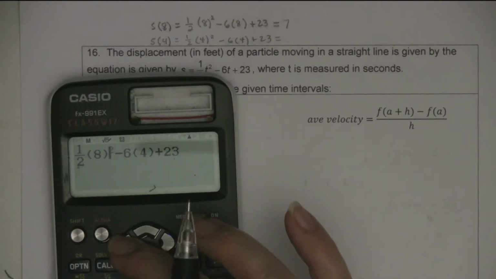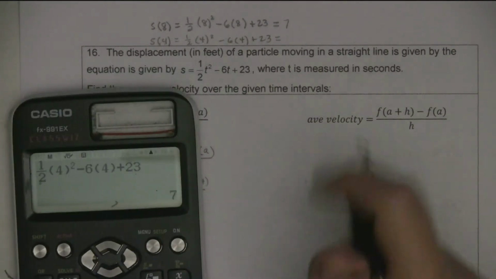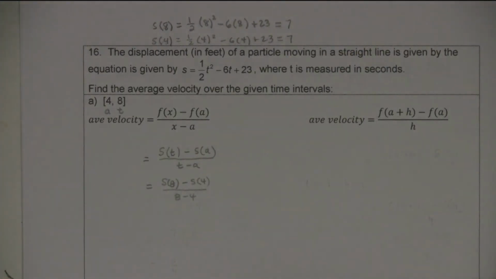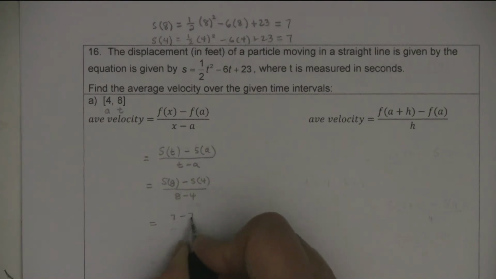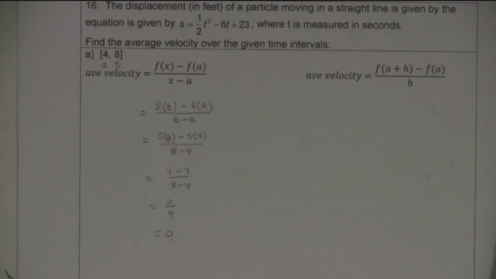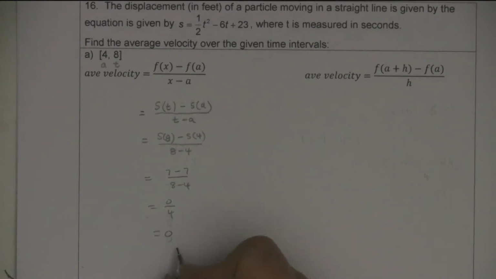And so I already have that in my calculator, so it really doesn't take that long. And they're both coincidentally 7. So this is 7 take away 7, 8 take away 4, 0 over 4, which is 0. So the average velocity, and I think this was in feet per second, is 0 feet per second.